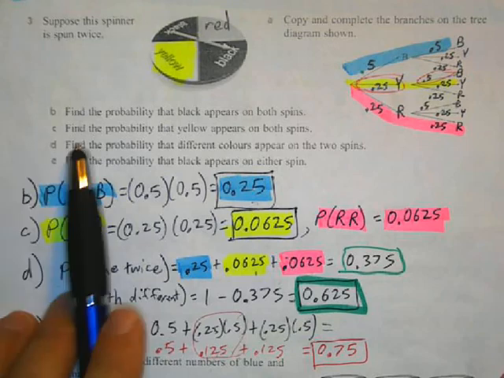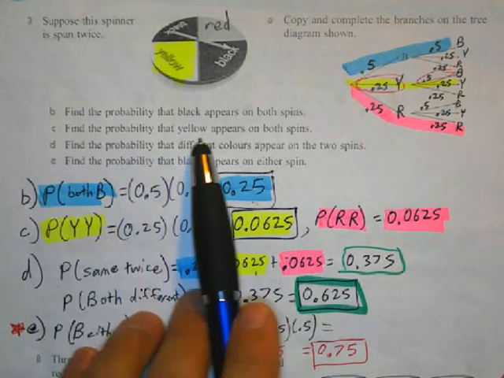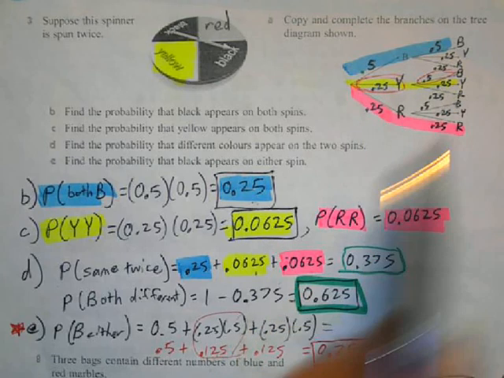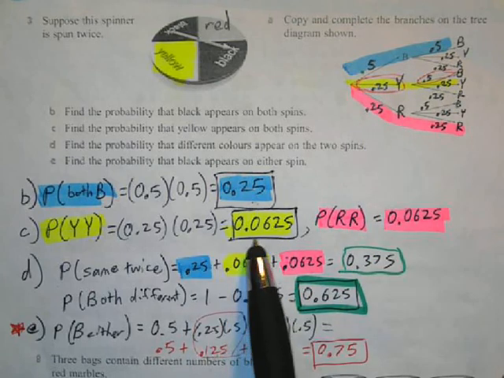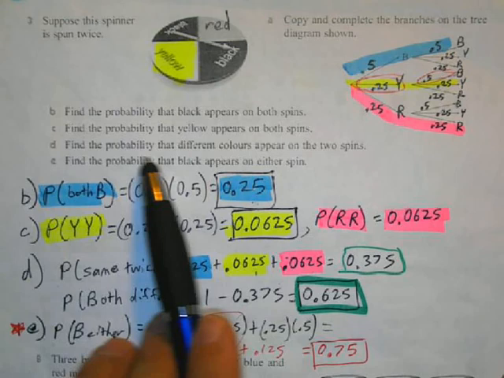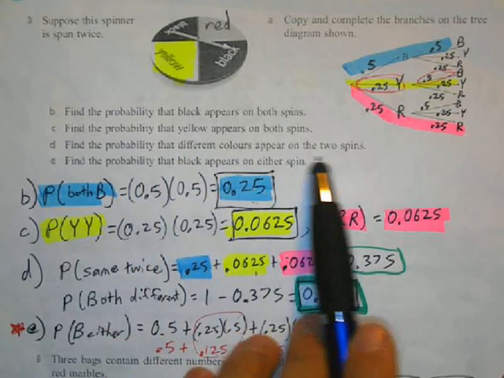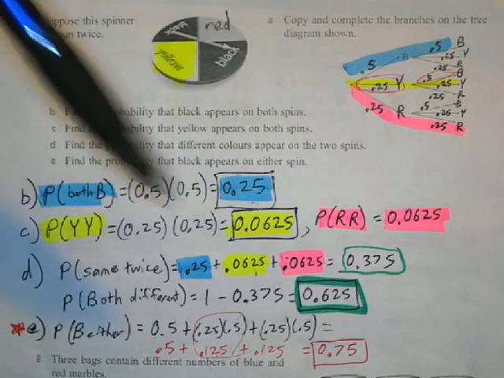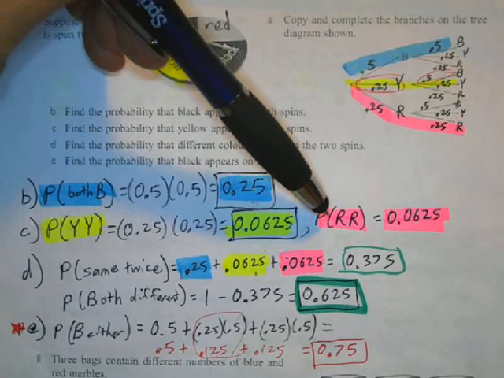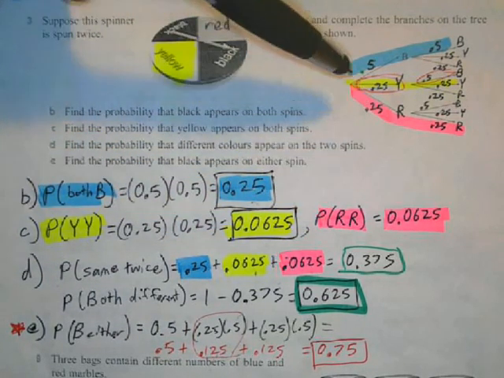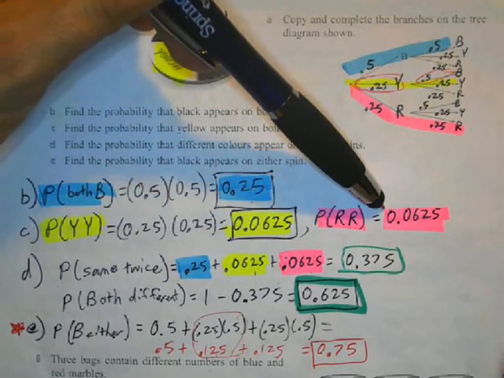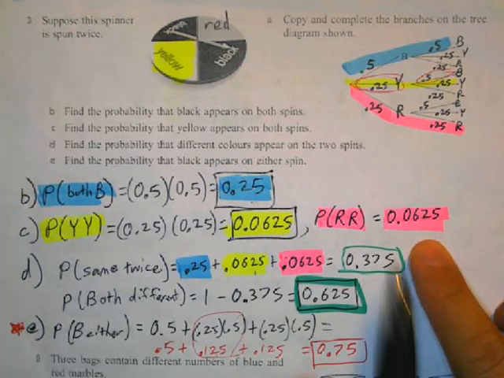Question C, what is the probability of getting yellow twice? So I'm going to get 0.25 times 0.25, which is going to give me this. Question D says, what is the probability that you're going to get different colors each time? So I thought to myself, well, let's figure out the probability of getting red twice, and you'll see why I did this. 0.25 times 0.25 is going to give me this value, and that's the probability of getting red twice.